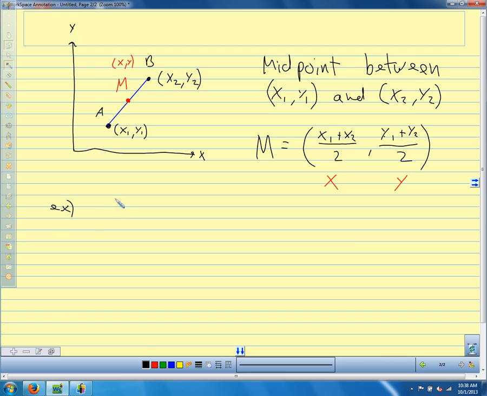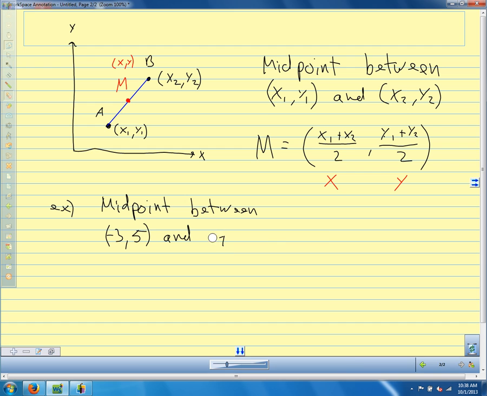So we want to find the midpoint between negative 3, 5, and 3, 7.